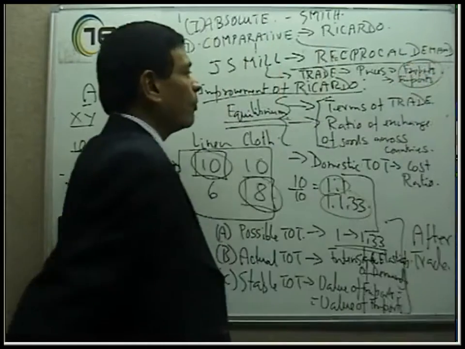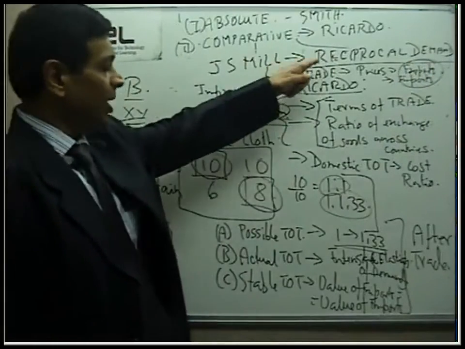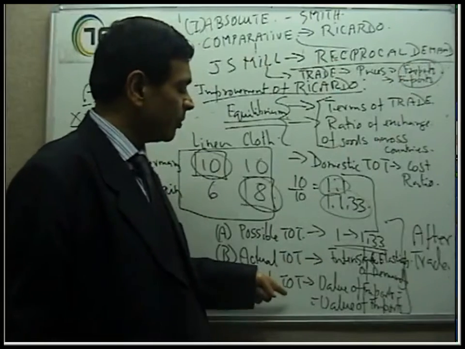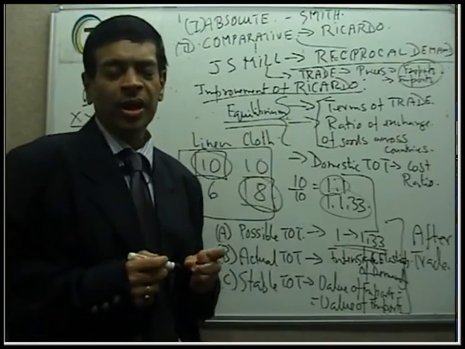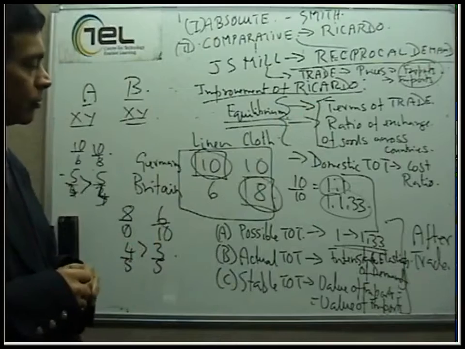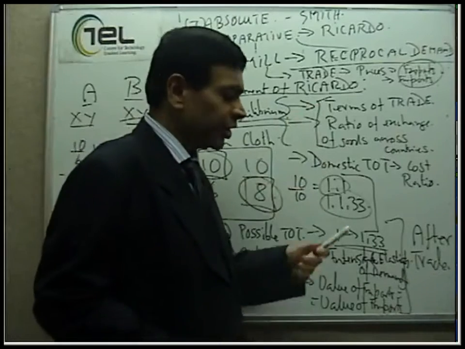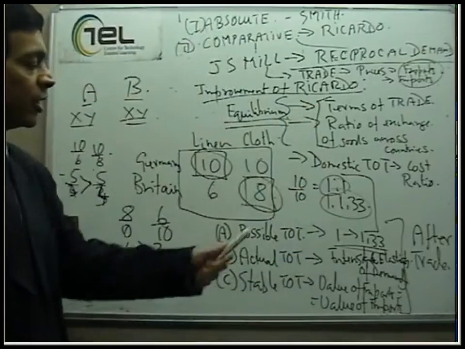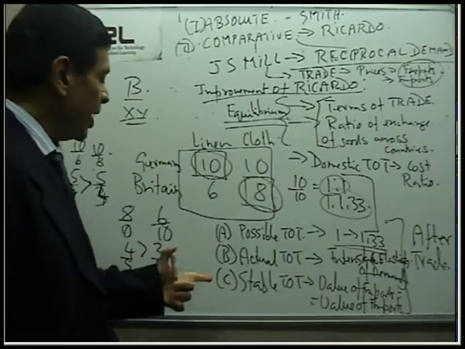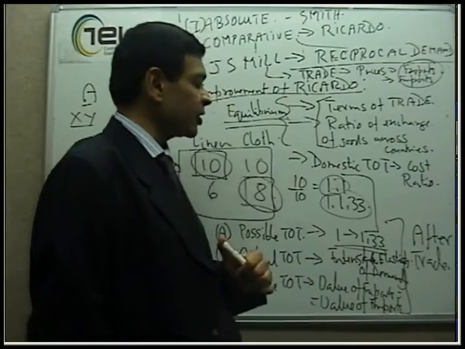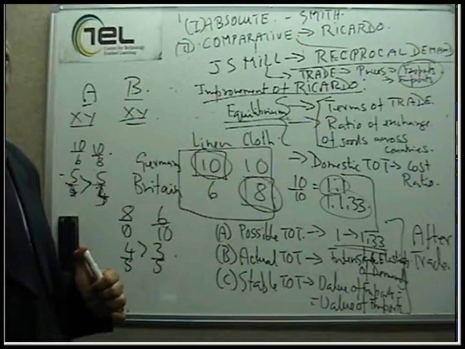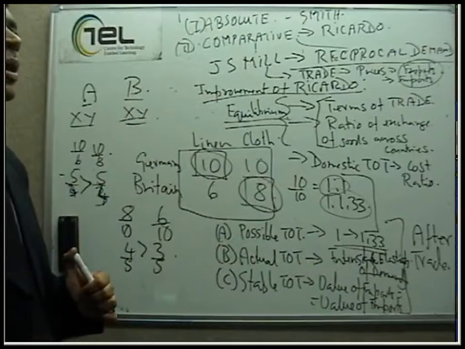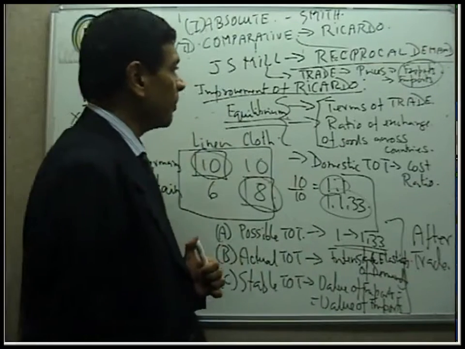So export-import equilibrium. We are given the domestic cost ratios, we are looking at an actual terms of trade depending on elasticity of demand, and the stable terms of trade is where the value of export is equal to value of imports. And this constitutes the basis of trade.